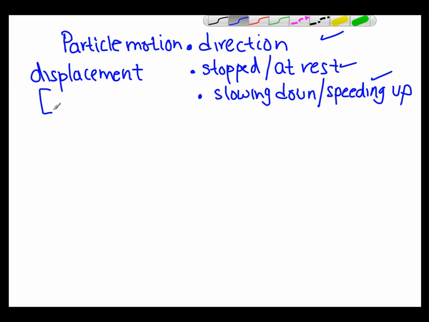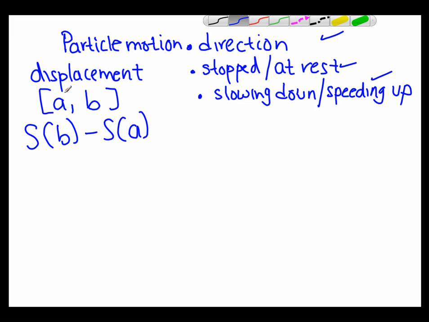So basically I went from one interval from A to B. So displacement, you can think of it as S of B minus S of A, where A is the initial time and B is the final time, or you can just think of it as S of final time minus S of initial time. Okay, so that's where we are.